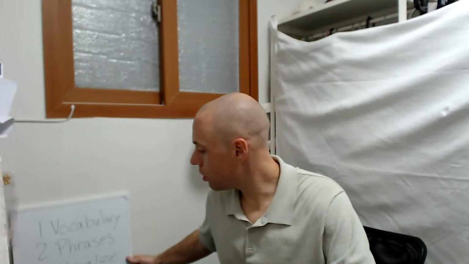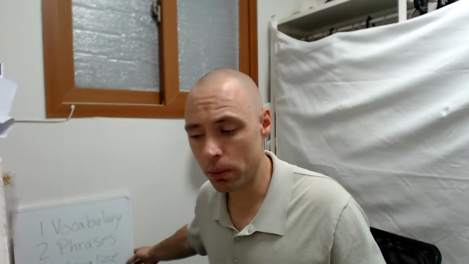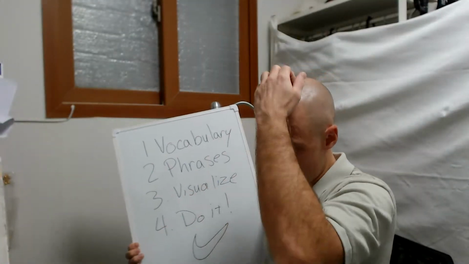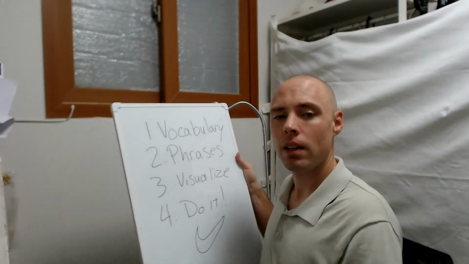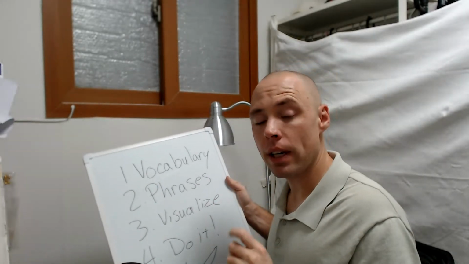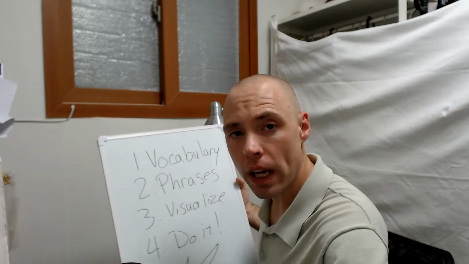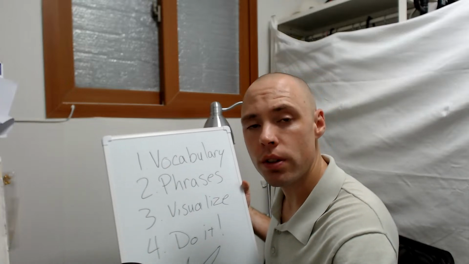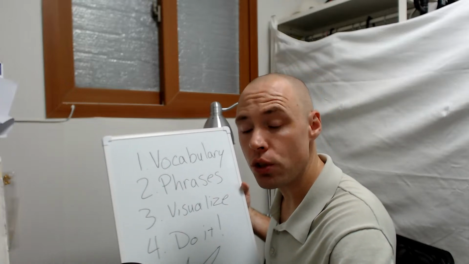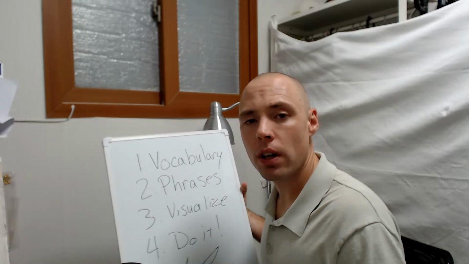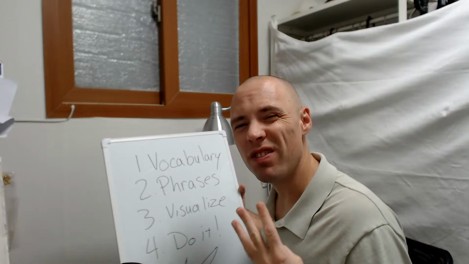I'm going to show you here. This is the best way to learn language, by the way. Bear with me. We have here what we're looking at today. Number one is some important vocabulary related to ordering coffee. Number two is phrases that you will use at a coffee shop. And when you're practicing on your own, number three is visualize.